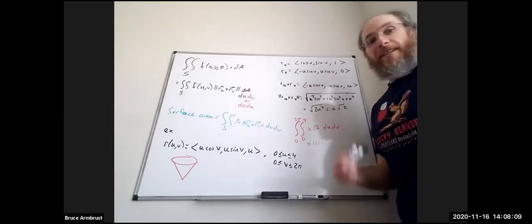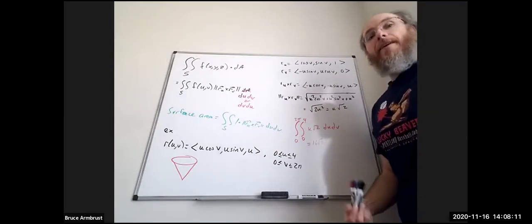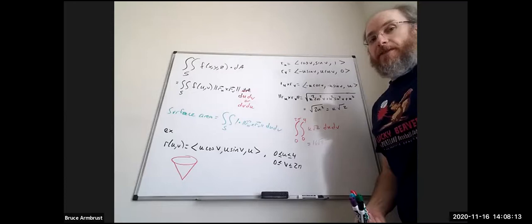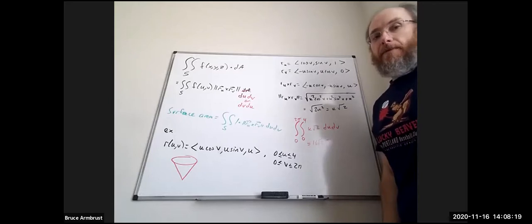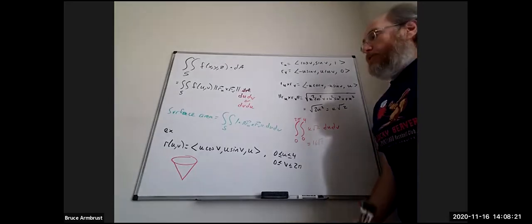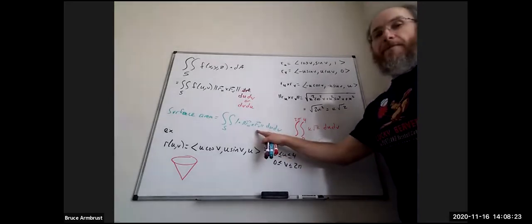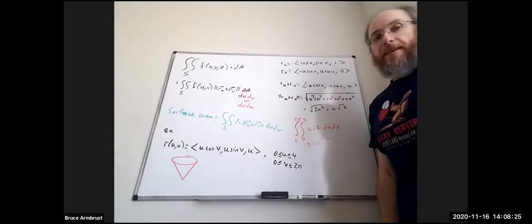I mean, procedurally, they're the same thing every time, but what you're left with as your integrals can be kind of gnarly. This one just ended up being really nice, how everything played out. But that shouldn't surprise you. You think about it, we're finding the magnitude of RU cross RV. Magnitudes of vectors already are kind of gross because they've got roots.